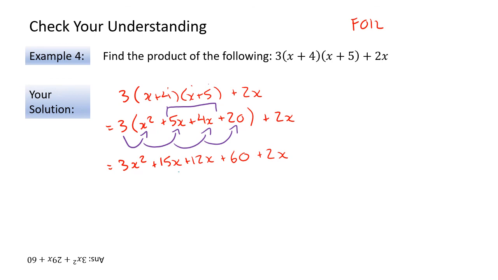But we have 3 terms here that all just have an x, so they can simply be added together. So we're left with 3x squared, and then we have 15x plus 12x is 27x, plus 2x is 29x. So that's plus 29x and then plus 60. Again, you'll see I always like putting the terms in this order: the terms with the highest exponents first, and then the constant at the end.